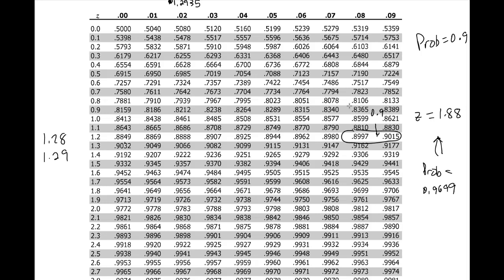So the next video that I'm going to do will be on how you actually look at a situation where you have to find the probability that you're going to pick a data value in between two data value sets. So we'll go over that in the next video, and hopefully that'll help show you again how we use these charts and or your calculator to come up with these values.